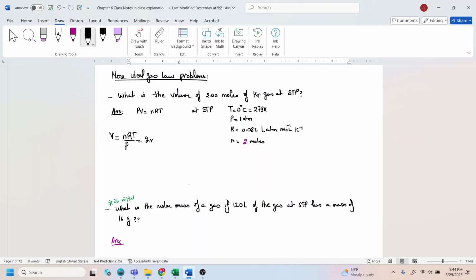So it's going to be 2 moles times 0.082 liter atmosphere per mole Kelvin, and then we're going to multiply this. Remember guys, temperature has to be in Kelvin every single time, and the pressure here is 1 atmosphere. This is the standard temperature and pressure, and your volume is 44.8, and it's in liters, okay, not in mils, it's in liters.